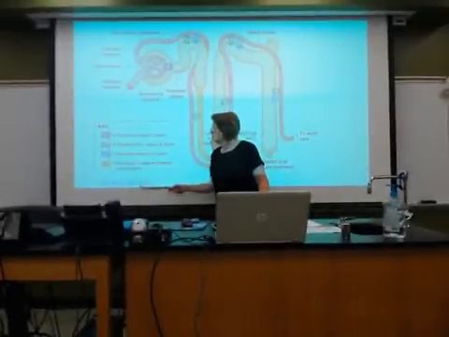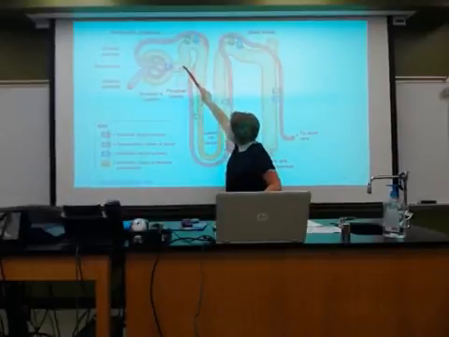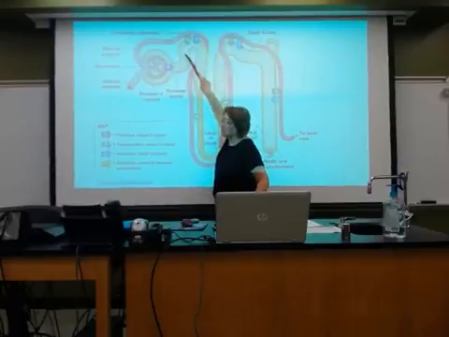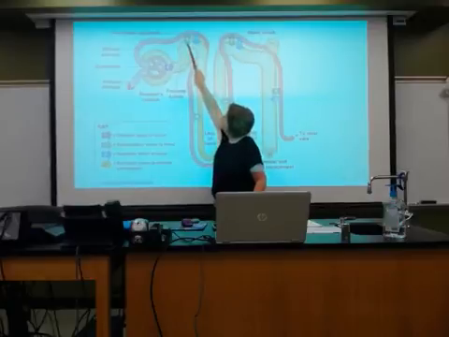Reabsorption, secretion, excretion. So if we follow our fluid and we're in the proximal convoluted tubule, they're showing me that this fluid moving through the proximal convoluted tubule, we're going to have the process of reabsorption occur.